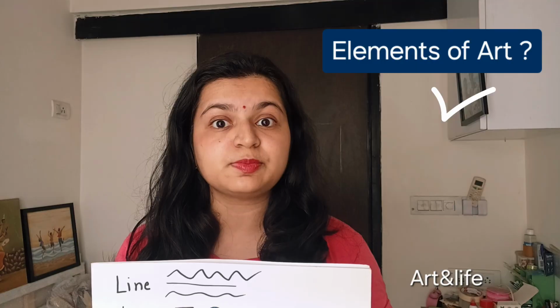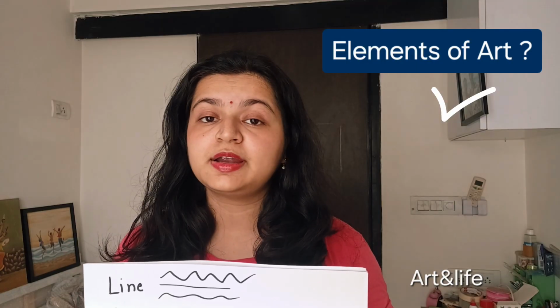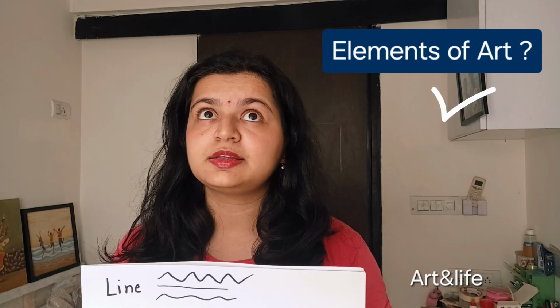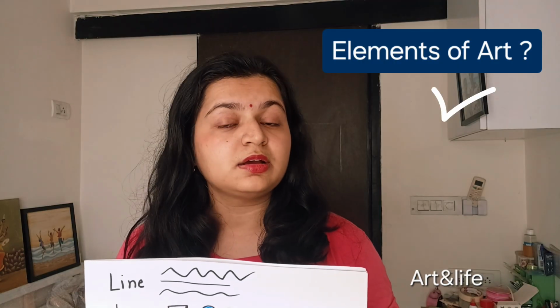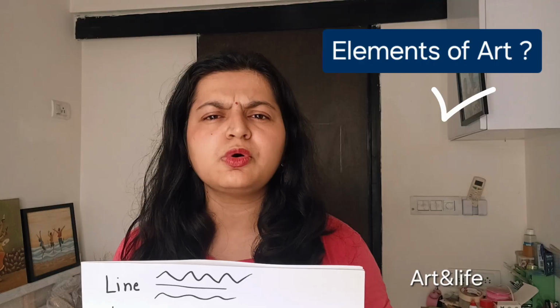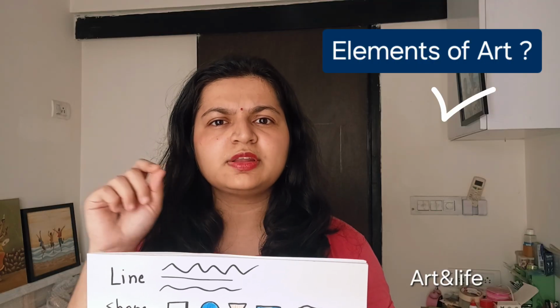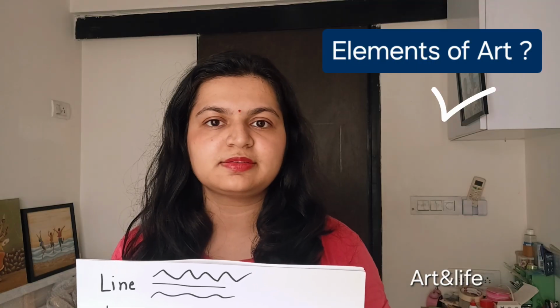So this is the most basic element, and there are different kinds of lines, like zigzag lines, curved lines, straight lines, diagonal lines. We just don't know the names, but we always use those lines in our sketches or paintings.